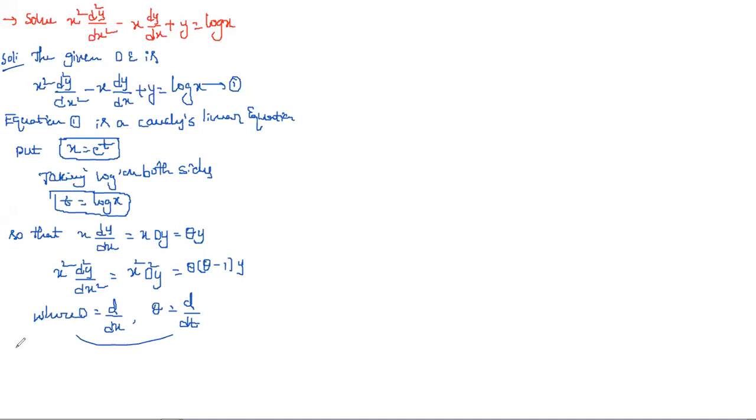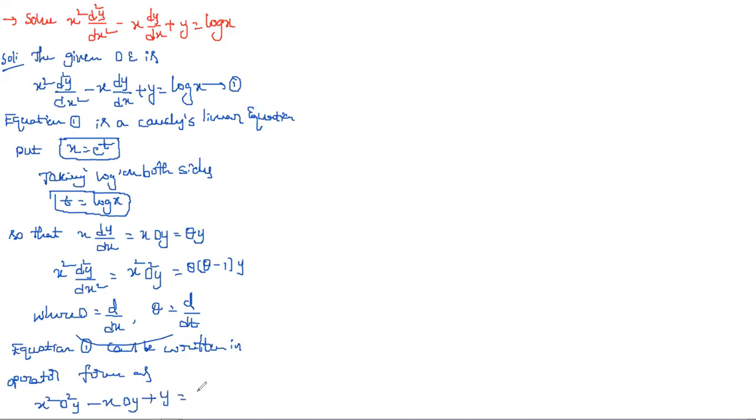Next, equation 1 can be written in operator form. In operator form, simply we can write x square d square y minus x dy plus y is equal to log x.